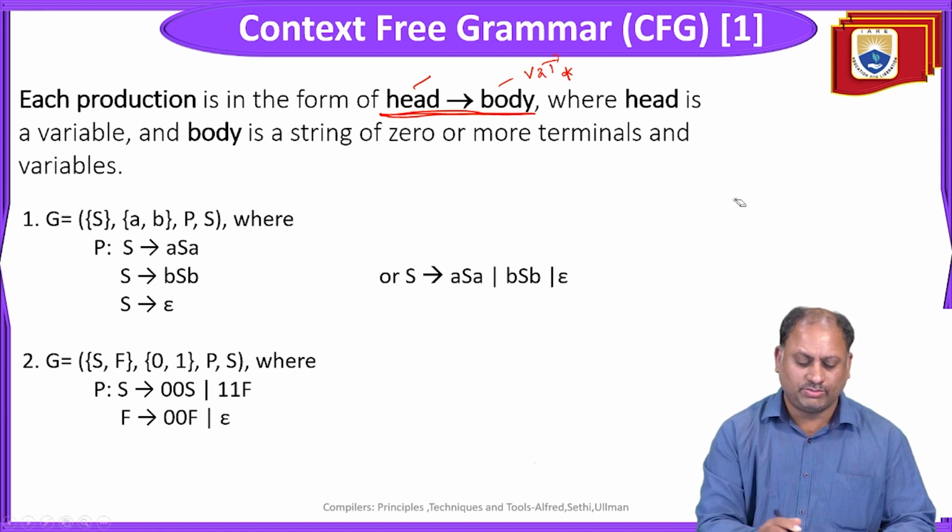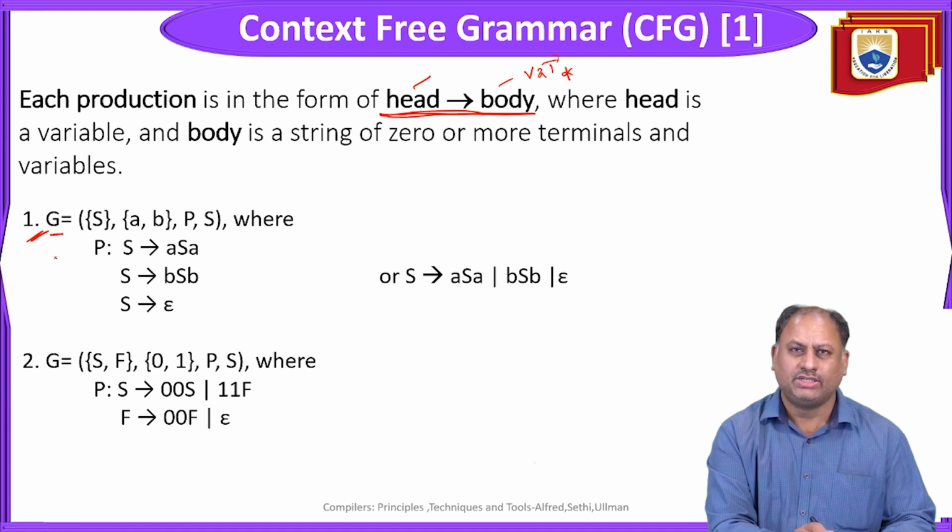In this example, first a grammar G is defined. In this grammar we have the variable, the input A comma B, the productions, and the start symbol.